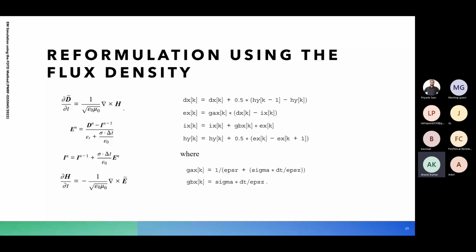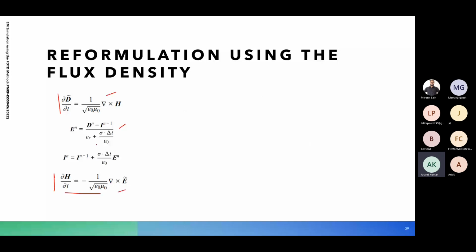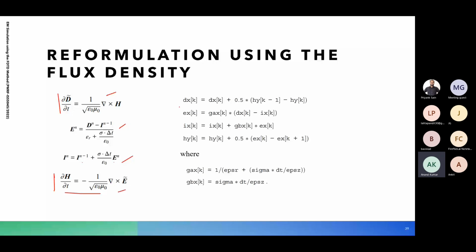We expressed the electric field, so we'll use this and this as the update equations, and to calculate the E field, we got this expression which has I_n, and I_n can be expressed in terms of previous I values and E values. So using them, we will get our update equations for MATLAB or whichever program you're willing to use.